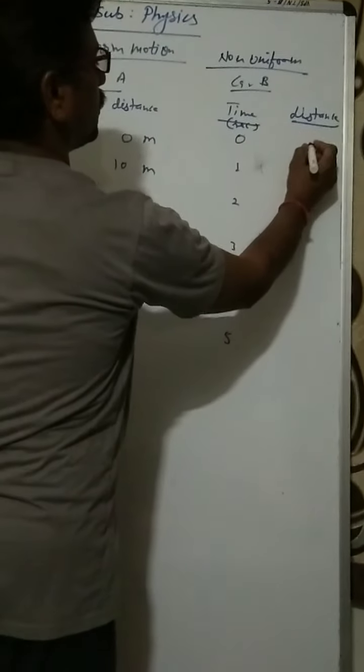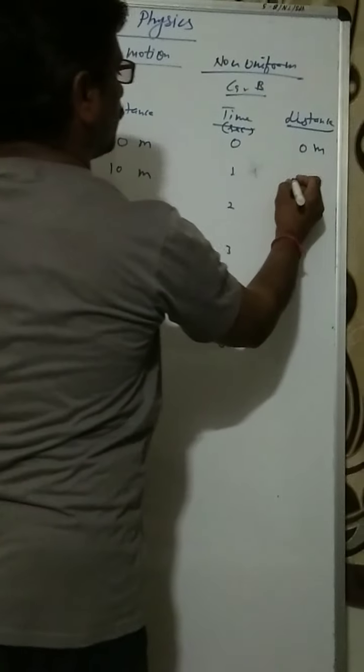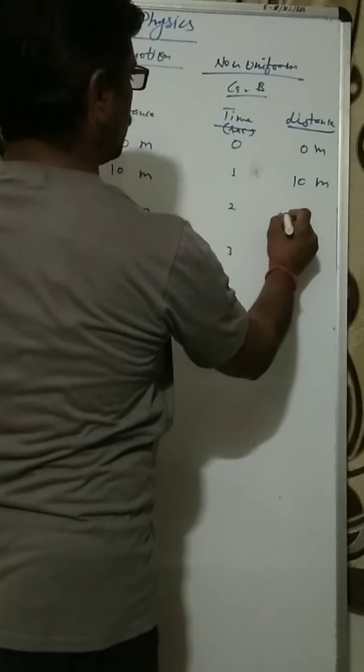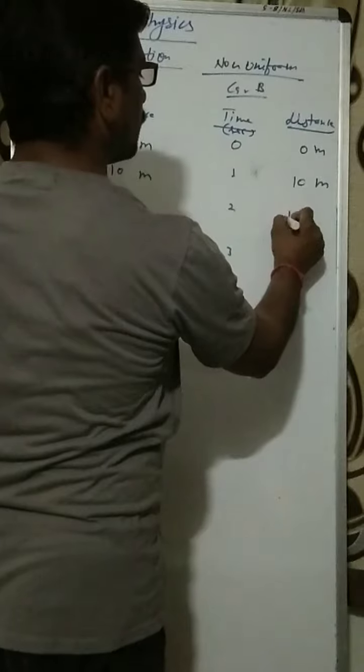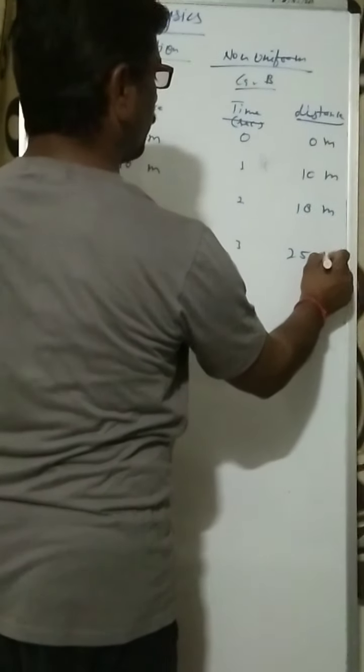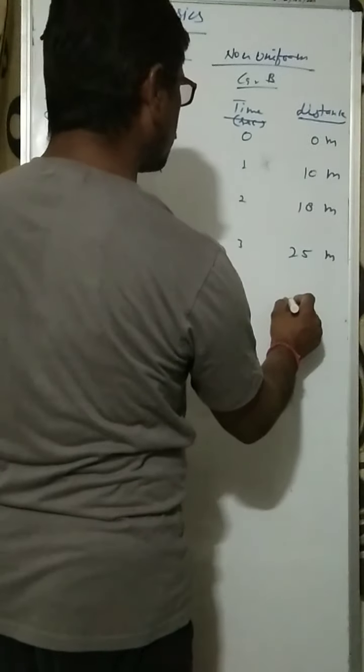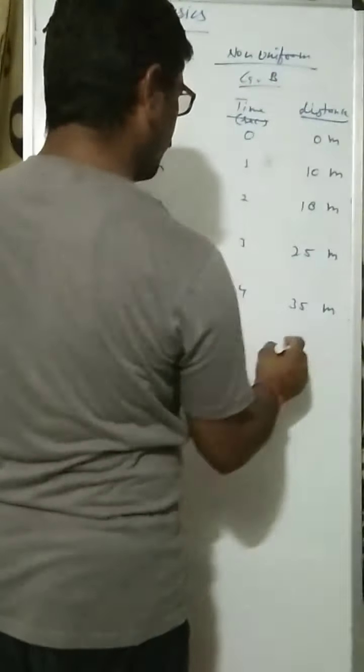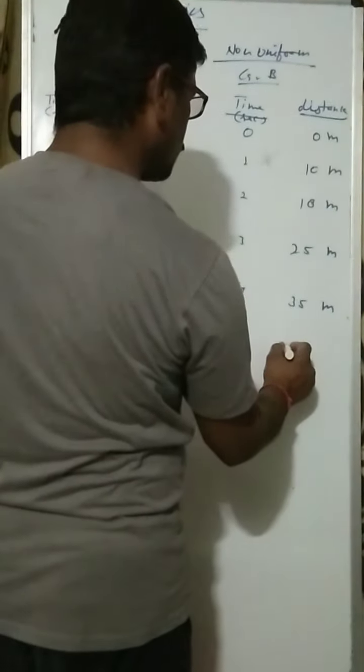In this case, 0 meter, first 10 meter, second 18 meter, third 25 meter, 35 meter, 42 meter, like this.